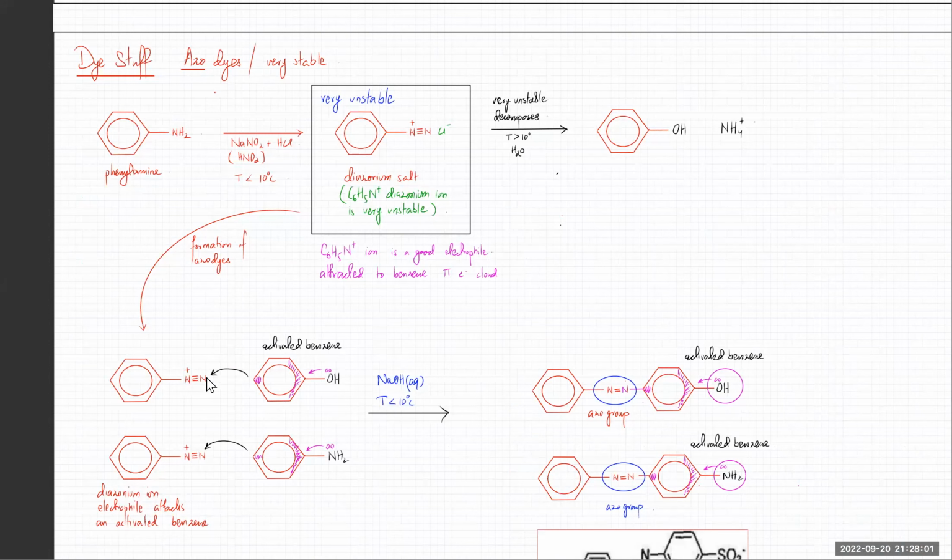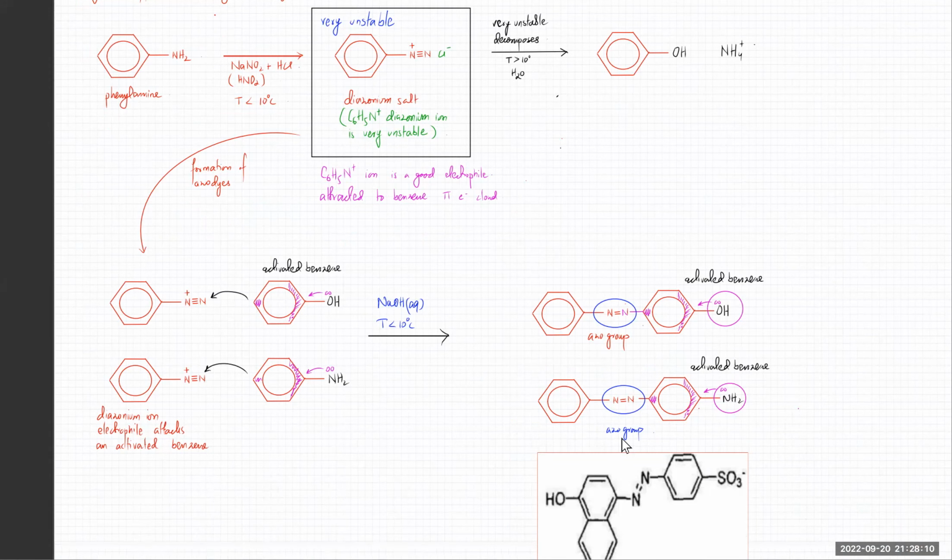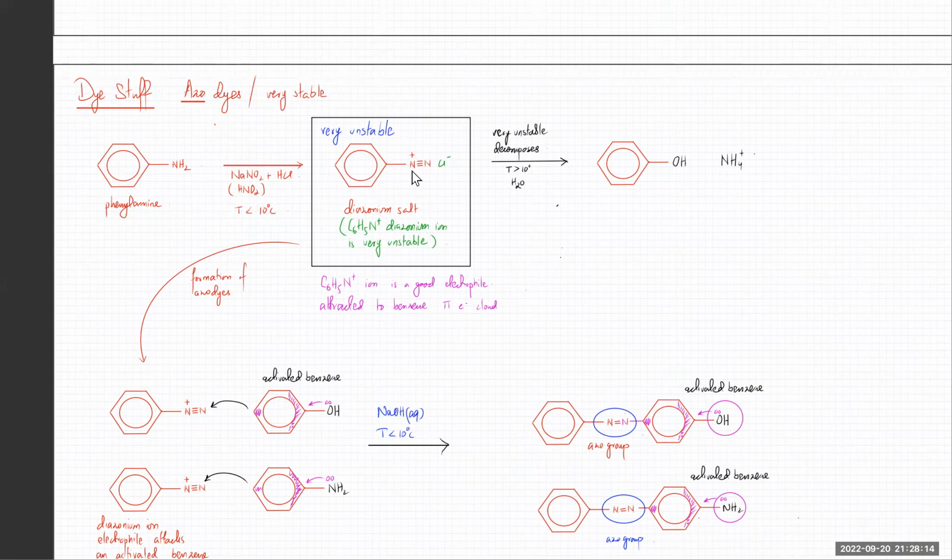This diazonium ion will get attracted to an activated benzene and it will bond with it, forming N double bond N, which is the azo group. That's a very stable dye. So most paints are these dyes. But if you turn it into a diazonium ion and heat it with water, it's a very unstable compound. It will quickly decompose to form the phenol. So that's what's going to happen.